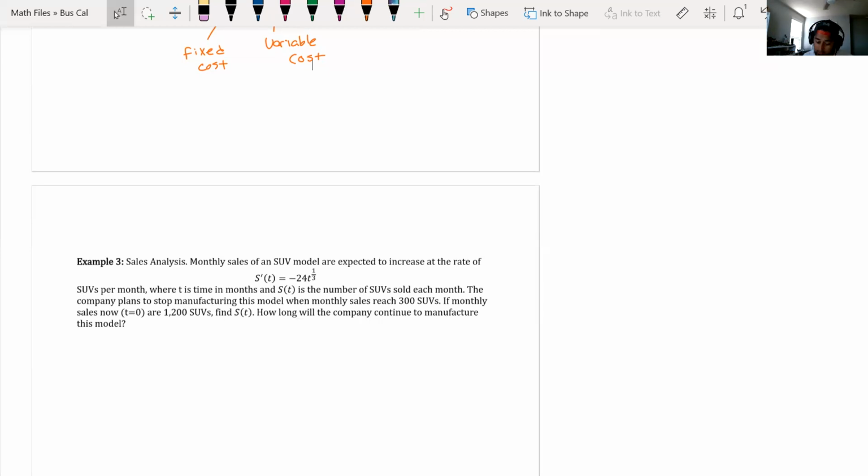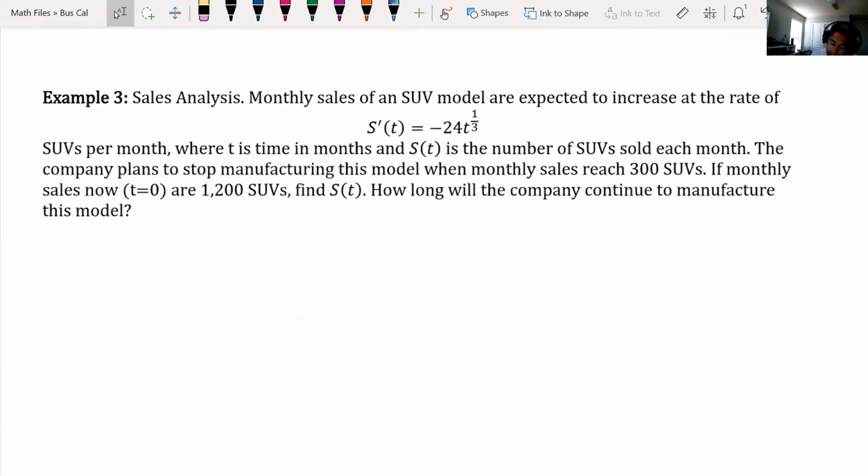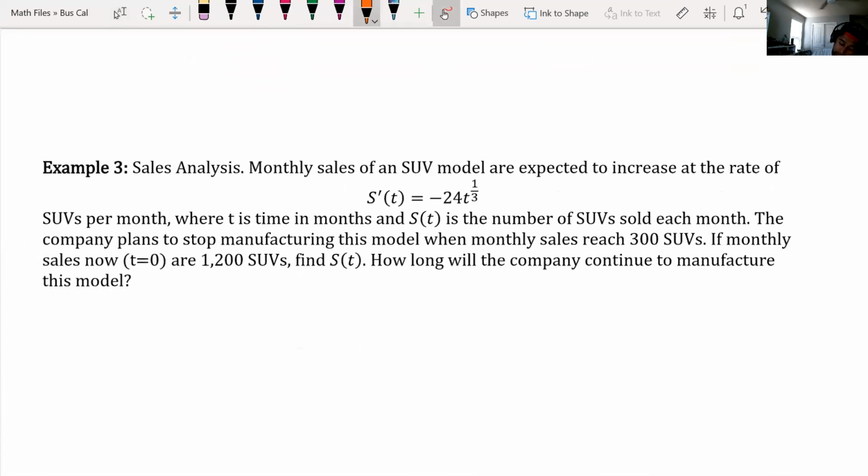So we got some stuff to find out on here. First off, let's go ahead and answer the first question. Find S of t. They're giving us S prime, which means to find S, we need to do the antiderivative. So again, call this A. Find S of t.